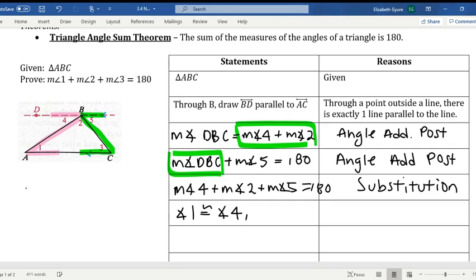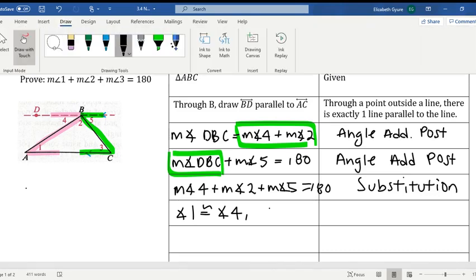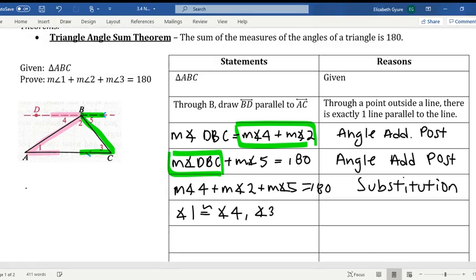Could we do that with another set as well in the same step? Which other ones did we have? Carly? Angle 3 and 5. We're also going to say angle 3 is congruent to 5. And that's okay to do all in one step because these are both alternate interior angles. So alternate interior angle theorem.